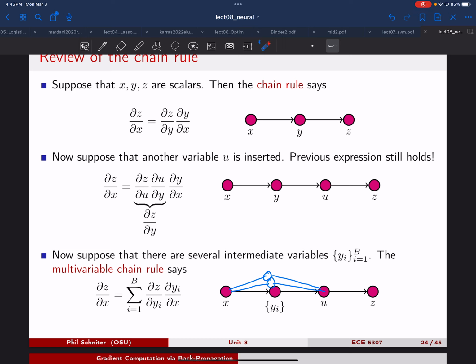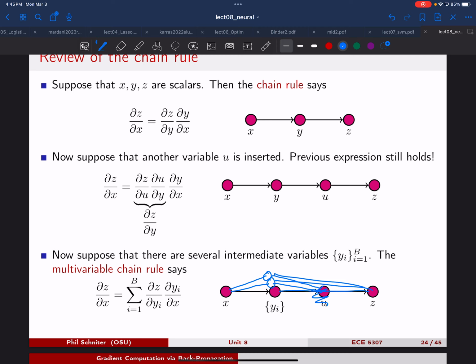So if you want to do dz dx, we could choose to involve u if we want, like I drew here, or we could choose to just omit u and think of these, if we want, as directly connecting to z.